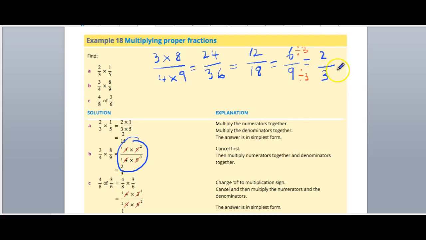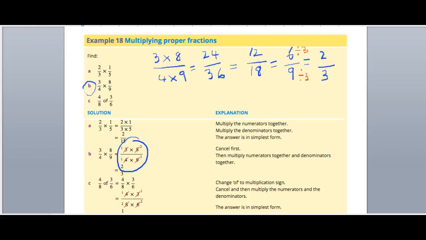Then we're left with 2/3. Now we can't simplify that anymore, and you can check your answer there is 2/3. So the first question, 2/3. Oh, sorry, I'm doing B. I was wondering why my answer was the same. 3/4 times 8/9 is 2/3.